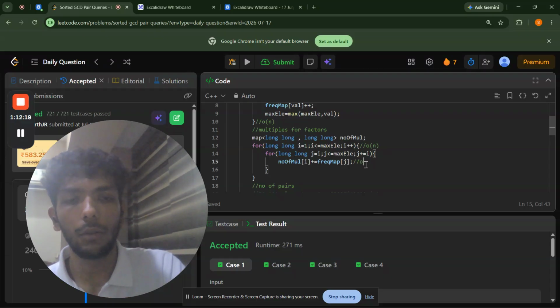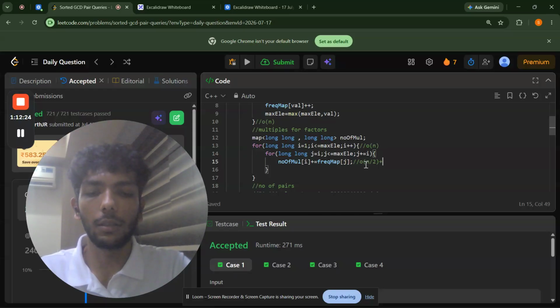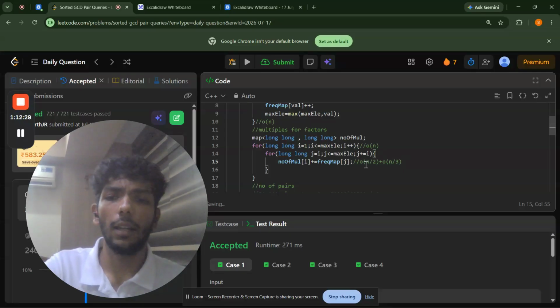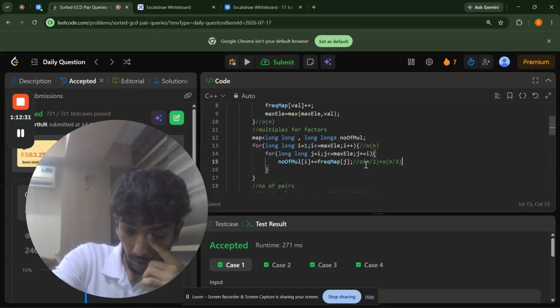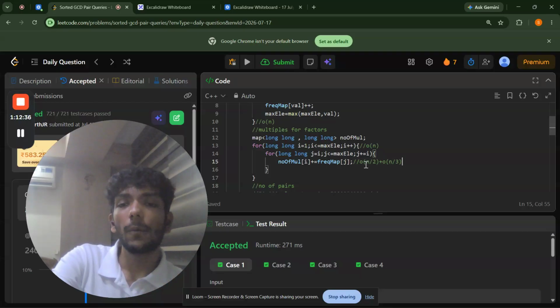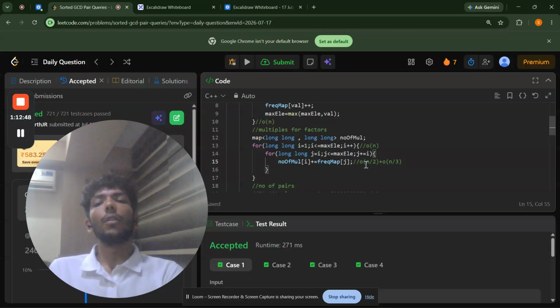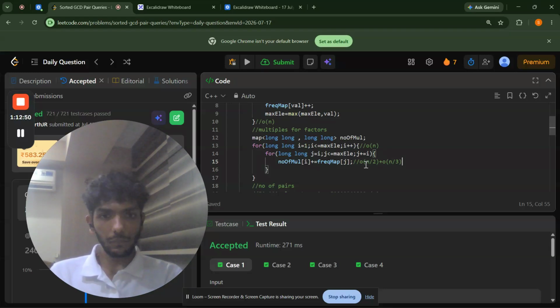Here it will be O of n by 2 plus O of n by 3, and like that. The entire thing will turn out to be O of n log n. Even if it turned out to be O of n square, it would not be a classic O of n square, because due to all these modifications many changes are made.